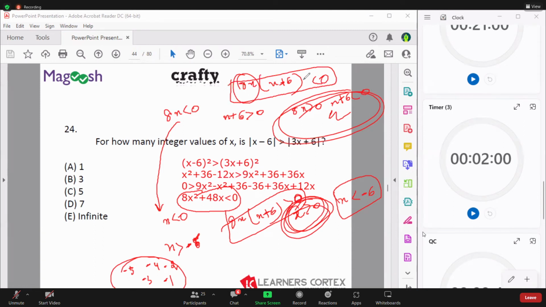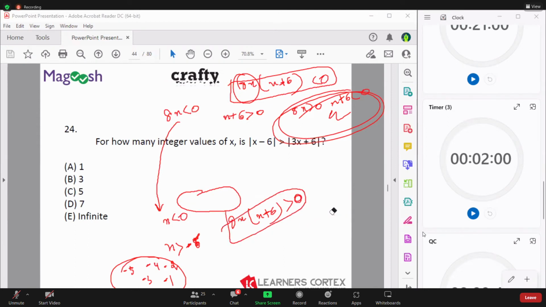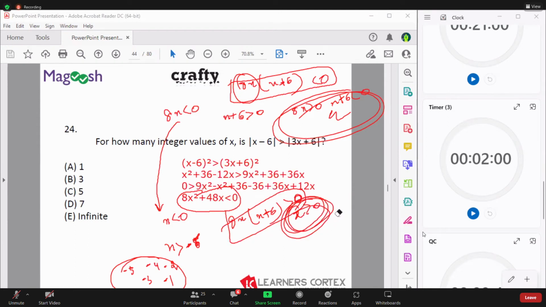So x greater than 0 cannot be possible. So this inequality goes out of the picture. The only possible values are these 5 values. So 5 would be the answer.